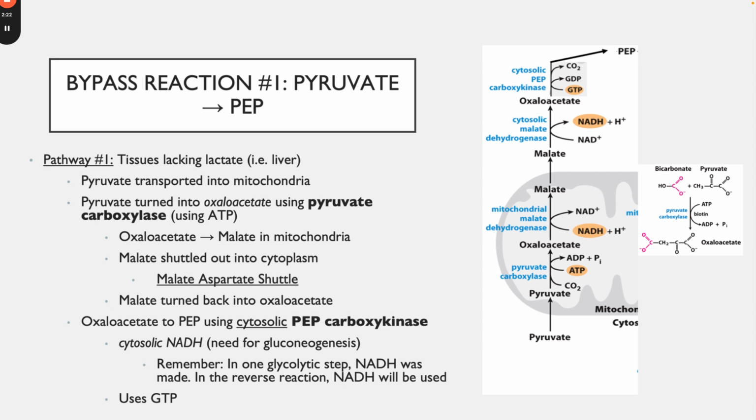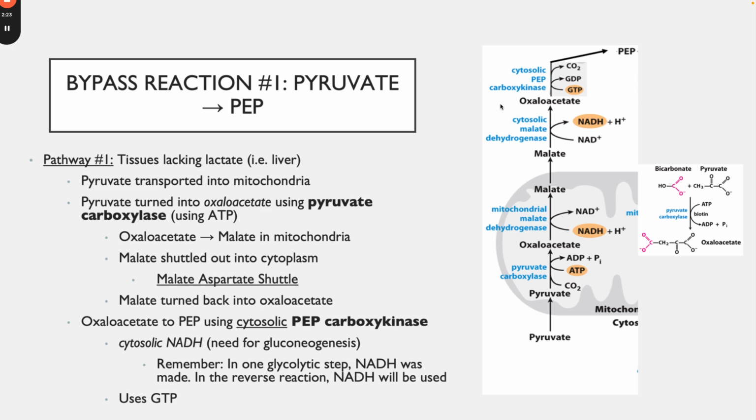And then we have this cytosolic PEP carboxykinase, enzyme number 2, that's crucial for this bypass reaction. So oxaloacetate will be decarboxylated, and in lieu of getting rid of the CO2, we're adding a GTP, a phosphate group to it.